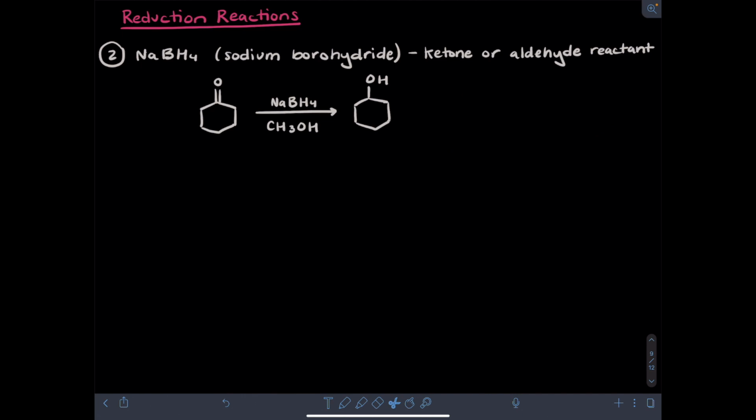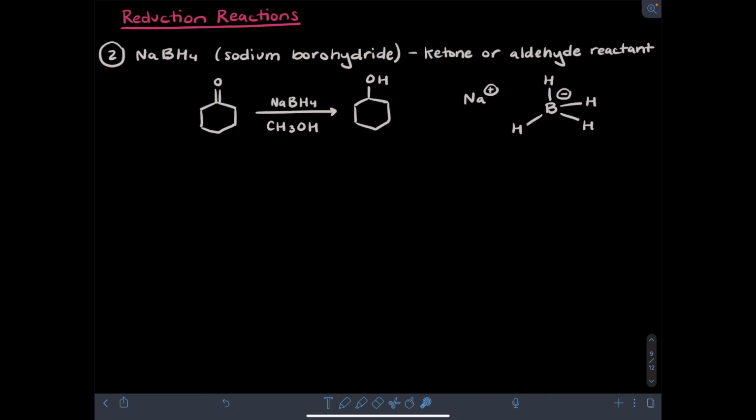A second method for reducing carbon-oxygen double bonds to form alcohols is using a reagent called NaBH4, sodium borohydride. This will react with either ketones or aldehydes to convert them into alcohols. In addition to NaBH4, you'll need a solvent with a proton that can be deprotonated on it, such as an alcohol or water.